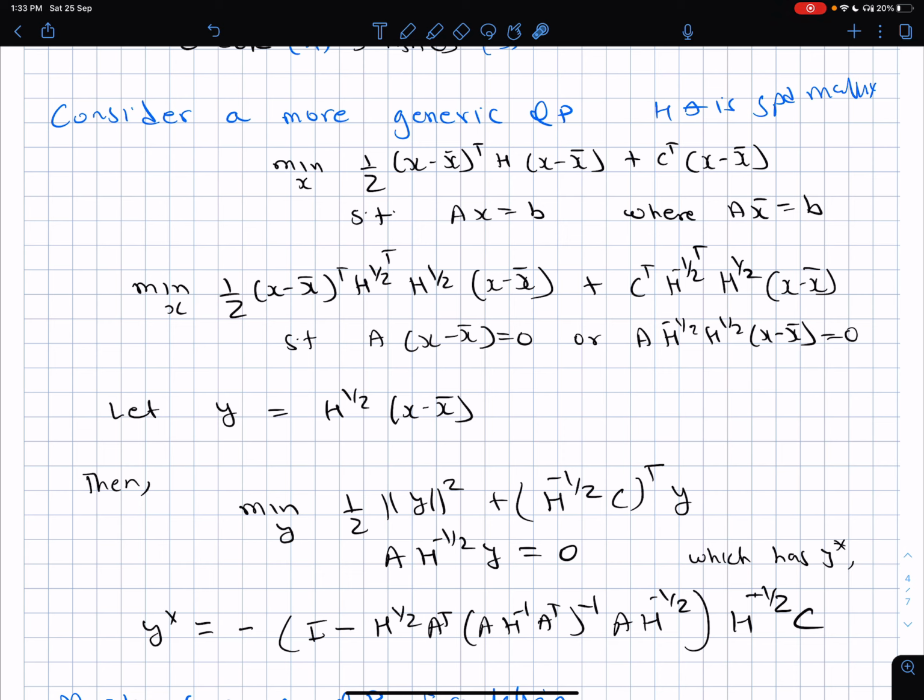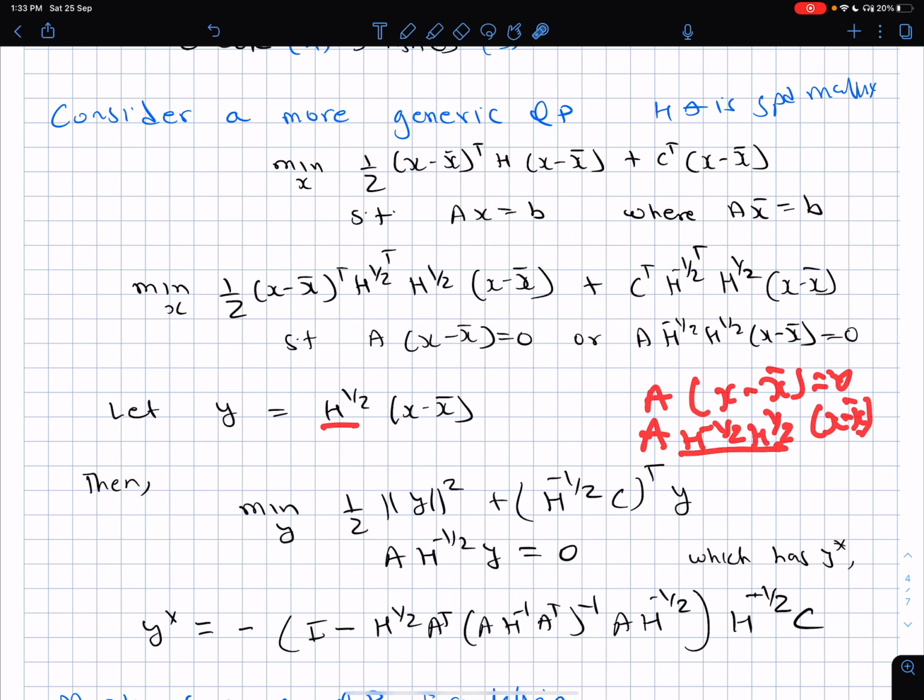I need you to check into it. However, A (x minus x bar) equal to 0 still does not give me the y variable. The y variable requires this H to the power half to come in. So I will write A as A H to the power minus half into H to the power half (x minus x bar), and I leave it to you to check that the dimensional compatibility is there to introduce this matrix.